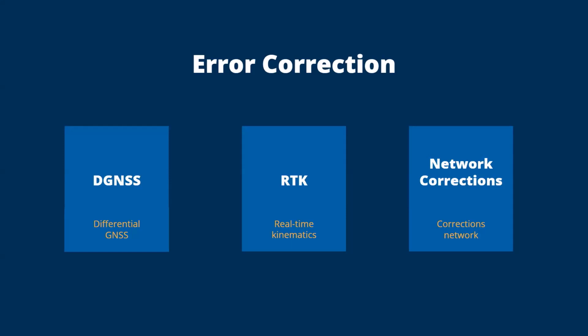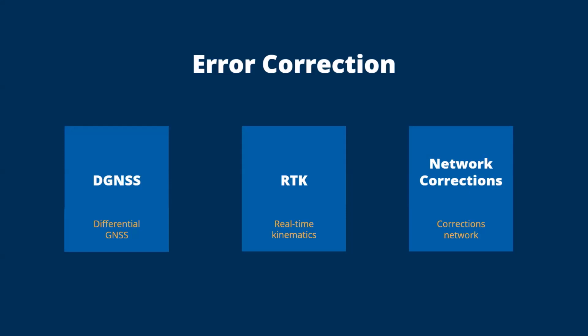RTK, or real-time kinematics, uses the same principles as DGNSS, but uses more precise timing signals from the satellite to get more accurate corrections and more accurate positions. And then finally, we have network corrections, which use the same principles as DGNSS and RTK, and introduce the idea of multiple base stations to create a more realistic error model, rather than just a simple addition or subtraction of error from an unknown location.